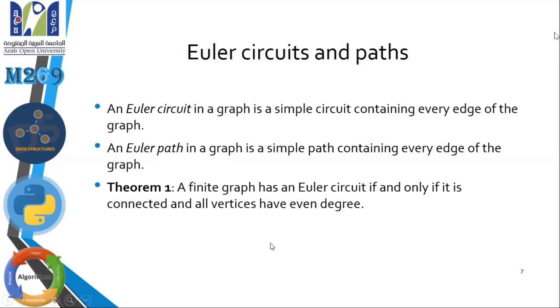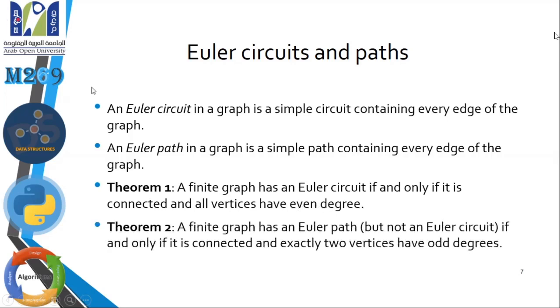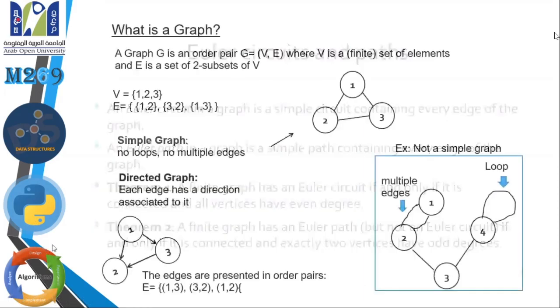Theorem number 2: a finite graph has an Euler path, but not a circuit, if and only if it is connected and exactly two vertices have odd degrees. That's one of the points also that he reached.